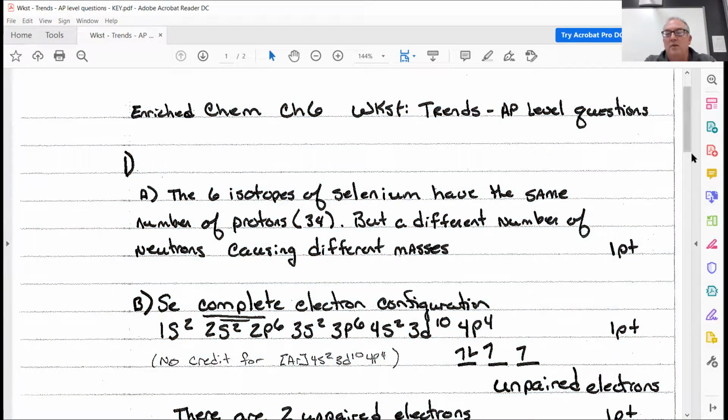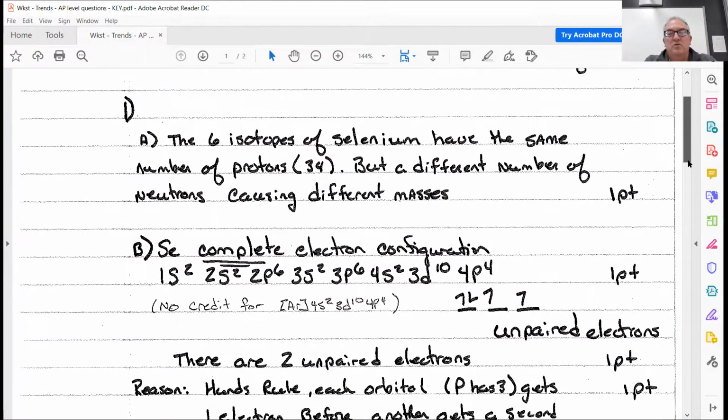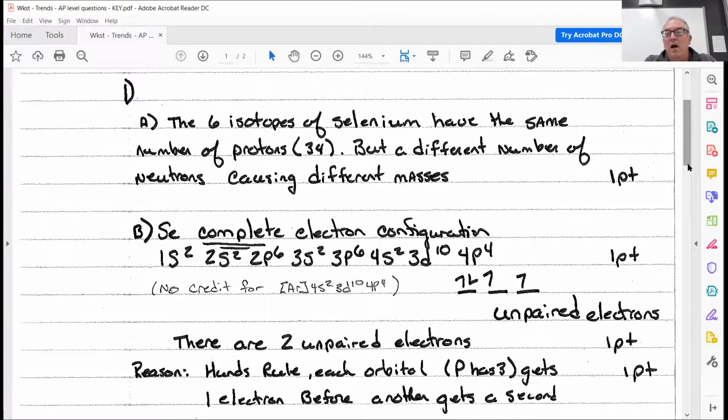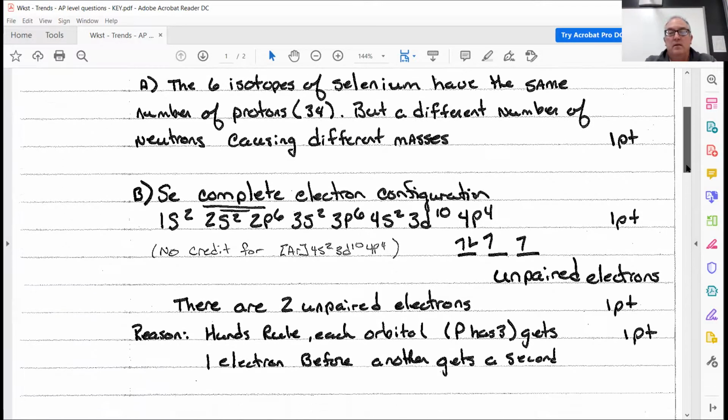The second problem asks you to figure out how many unpaired electrons there are. Well, first of all, it said you had to write a complete electron configuration. So you cannot do the shorthand we had. If it says complete, you need to show the complete electron configuration, which earns me a point.